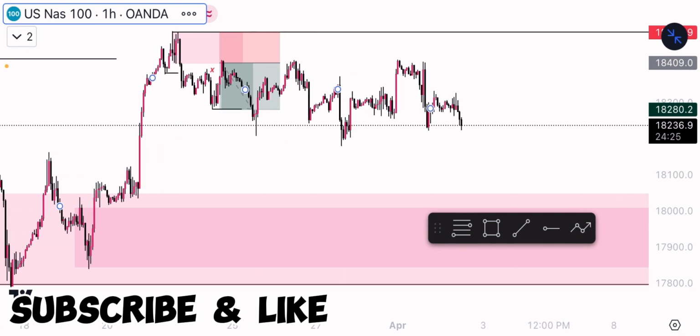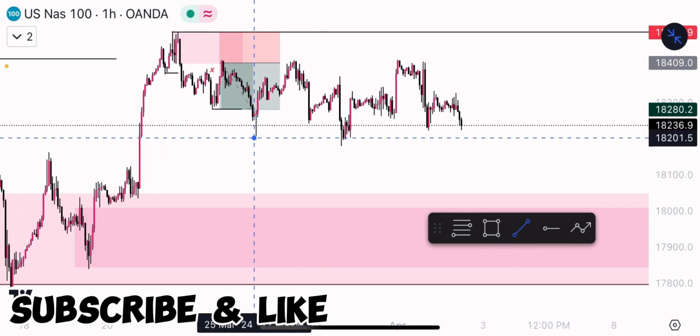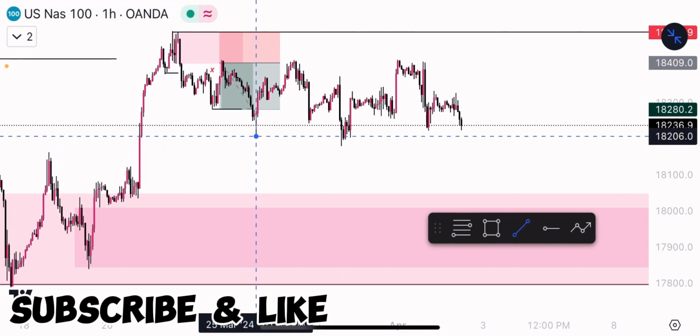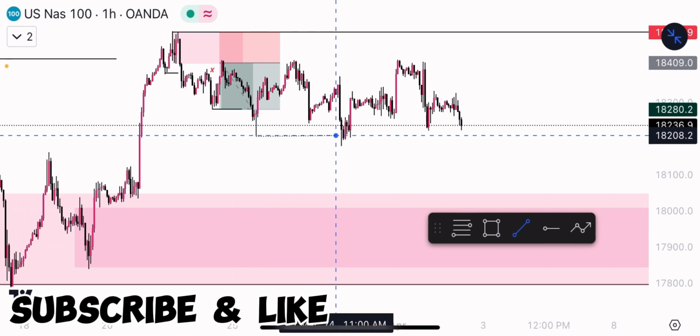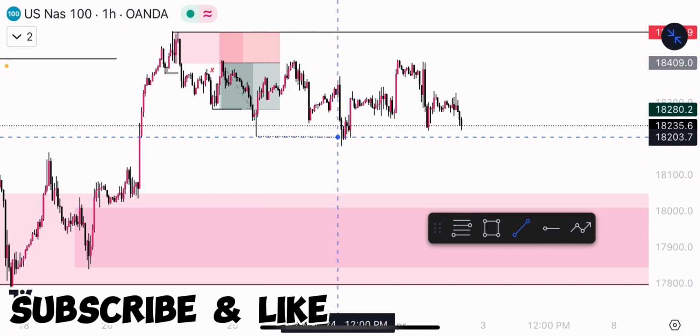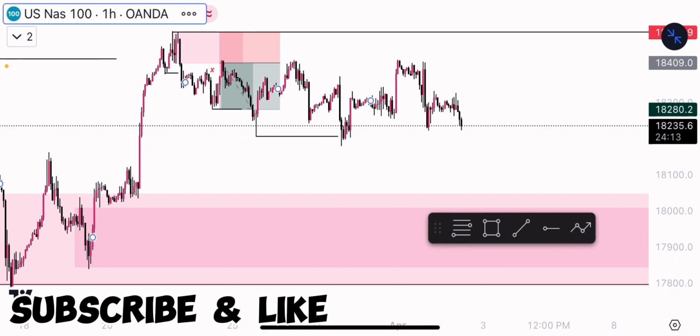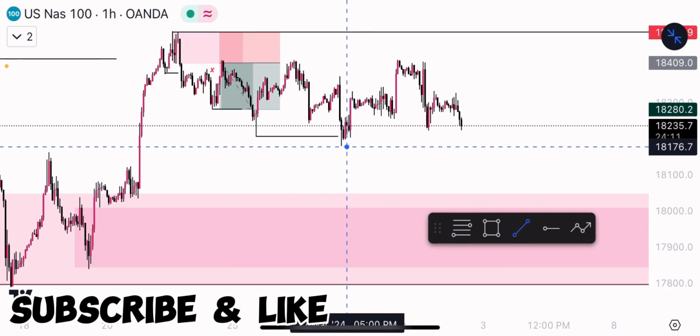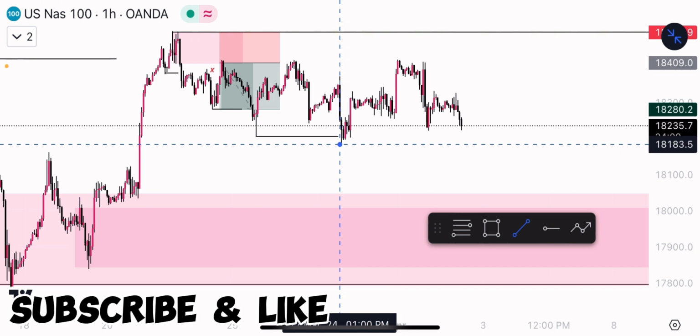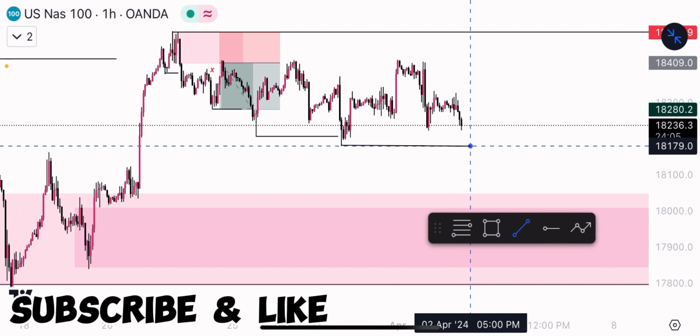As you can see, this market has formed another low. Can you see the way the market is forming lower lows? Sorry, let me use the line.